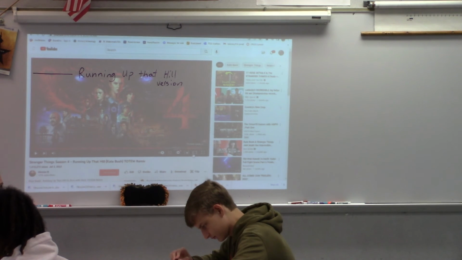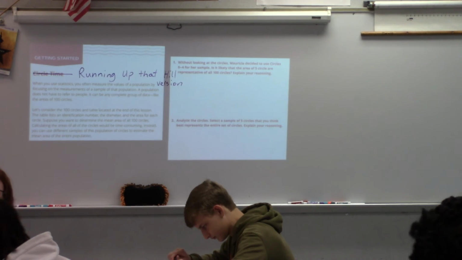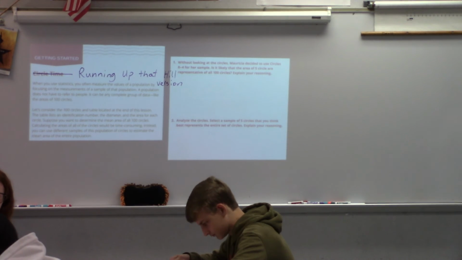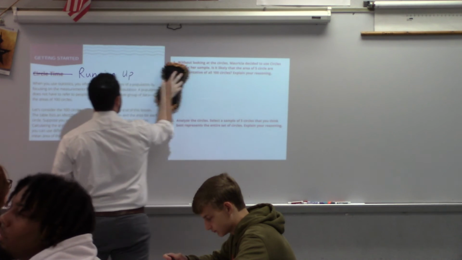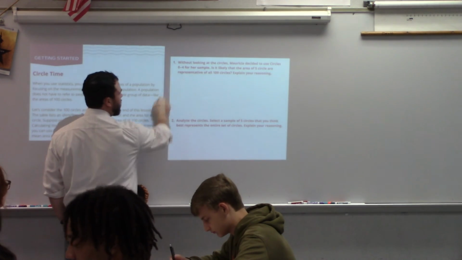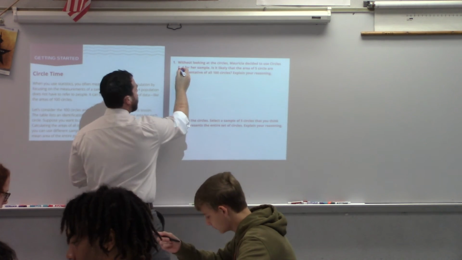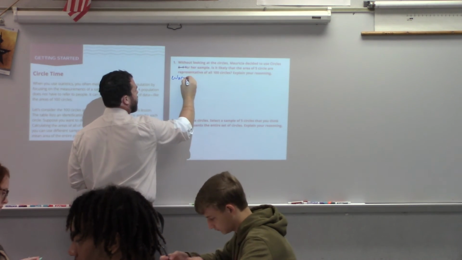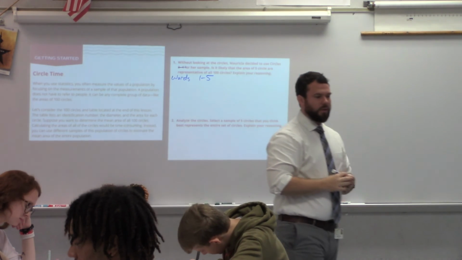It was wild. But we'll now do the activity part of this. So here's what we're doing. Just like they have here, they say 0 through 4, what we're going to do is words 1 through 5 of the song.